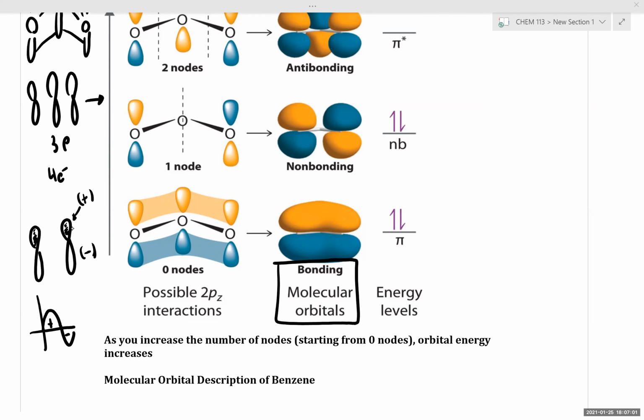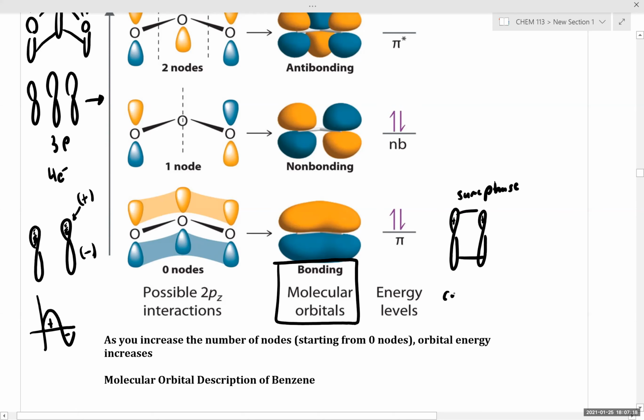Okay, so in the first case, when we have a bonding molecular orbital, we have effective overlap between orbital lobes of the same phase. We call this constructive interference. This is a stabilizing interaction. When we have all of our orbital lobes of the same phase aligned and overlapped, we get a large stabilizing effect.